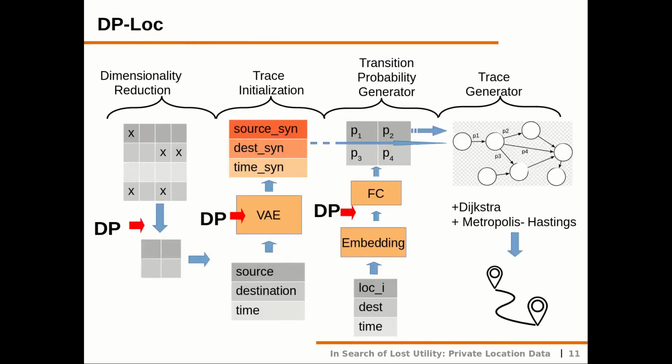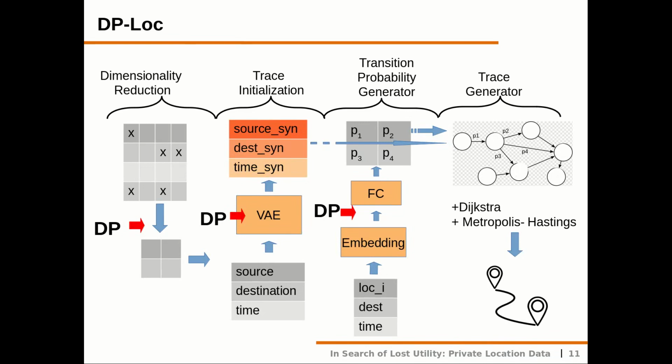Okay, but this was just simply synthetic data generation. We also have to introduce differential private noise, and you have to introduce it everywhere where your model uses the original raw data.